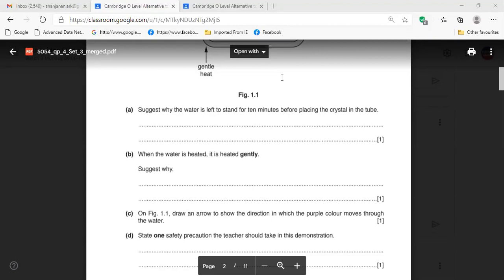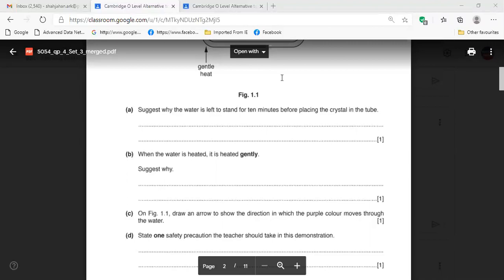In the other way around, if we heat it gently, it allows the color to move slowly, and then we'll be able to see the convection current clearly. This way you can write anything.